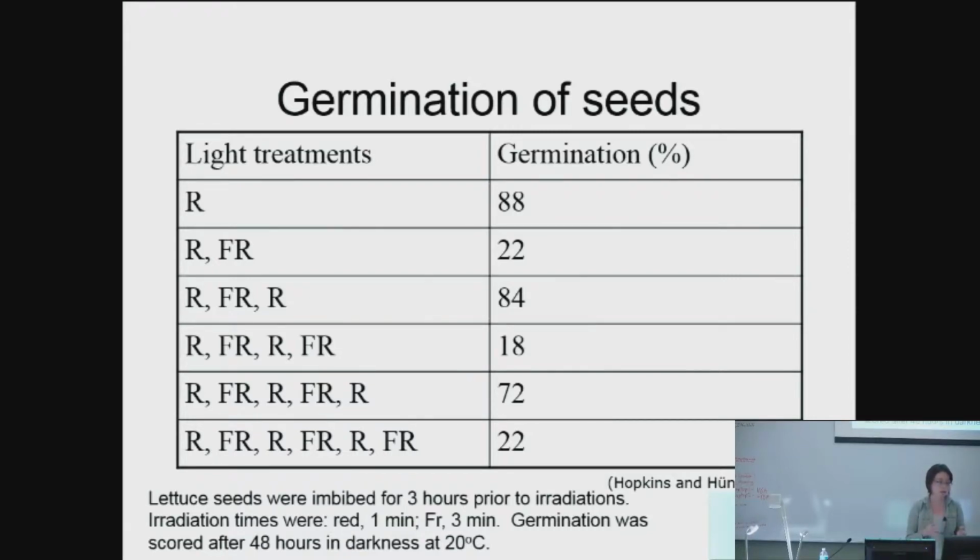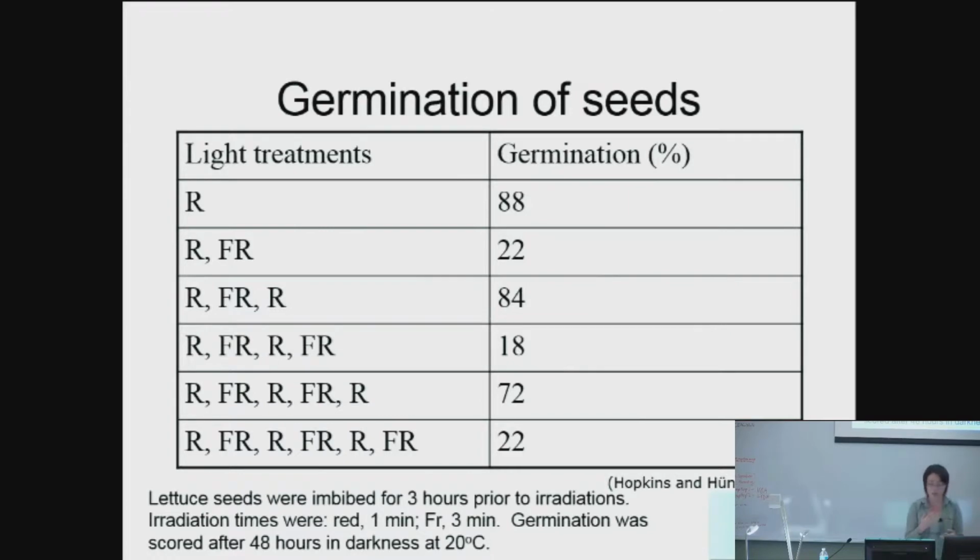Red light promotes germination of lettuce seeds. A long time ago, a group of people tested that. If you apply red light followed by far red light, that reduces the germination rate, so it restricts germination. And if you add red light again, it enhances the germination. So it's a reversible response.